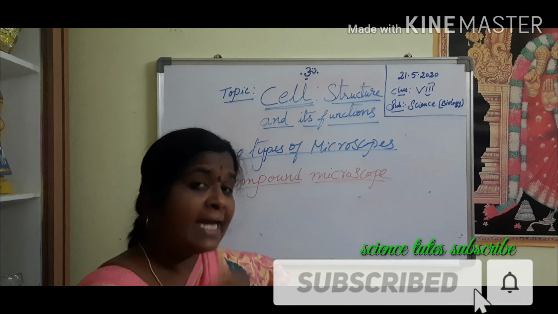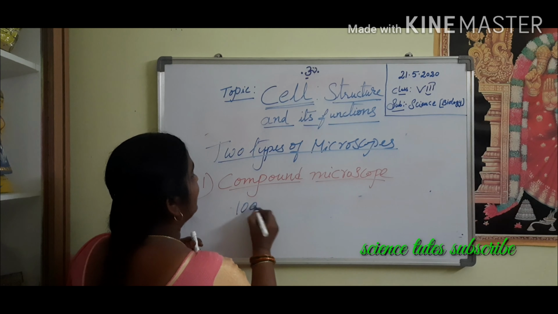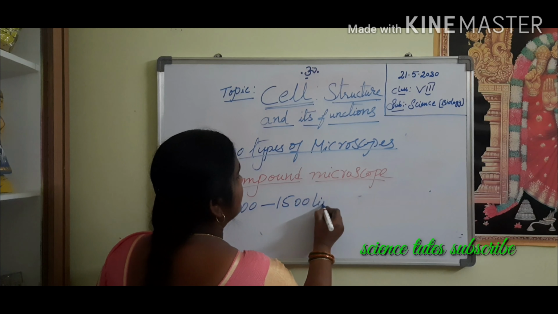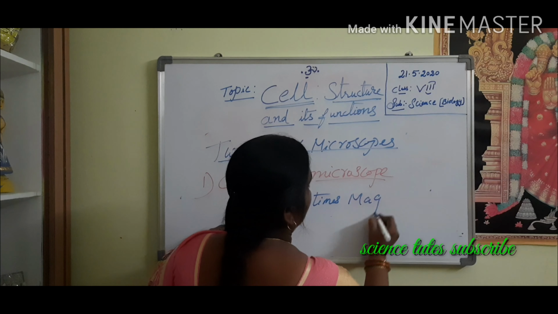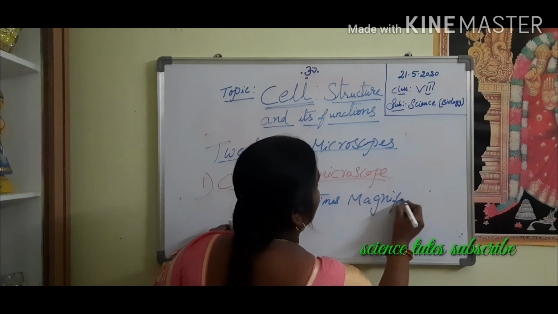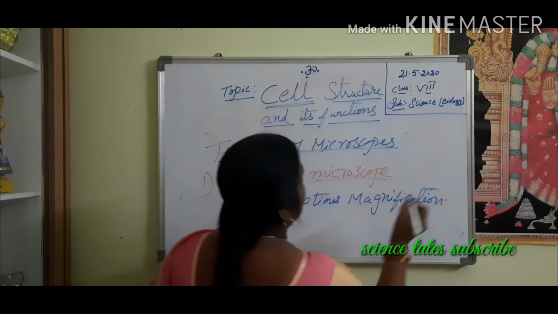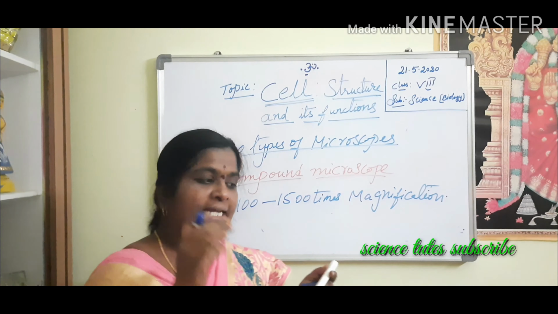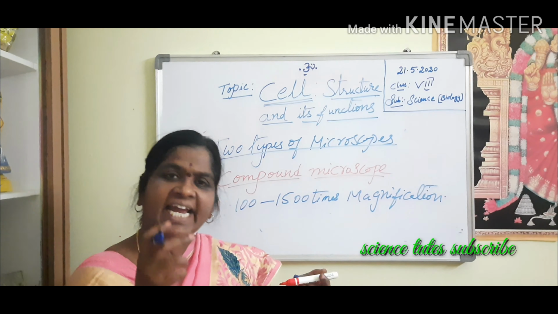Its magnifying power is 100 to 1500 times. That means it can observe things like a slice of any stem or any leaf.